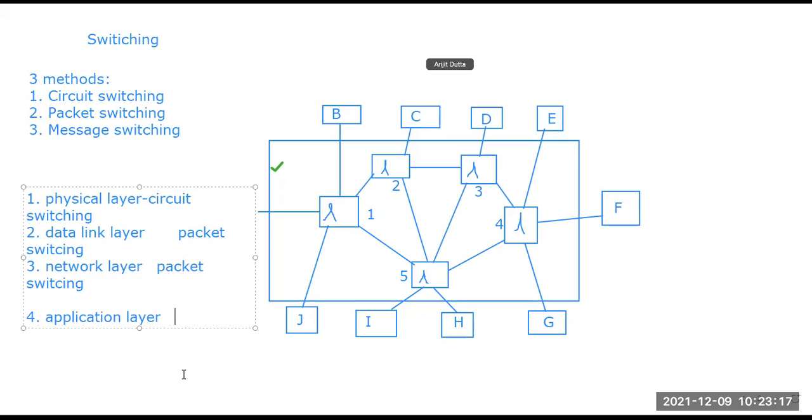These techniques were introduced into the different layers for further processing. So circuit is in the physical layer, packet is in the data and network layers, and message is in the application layer.